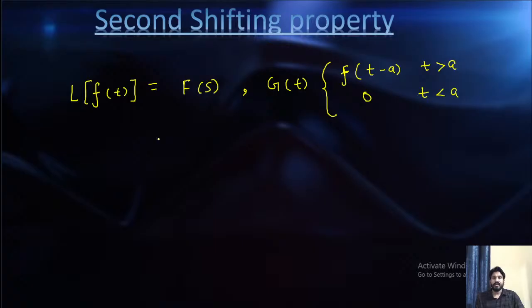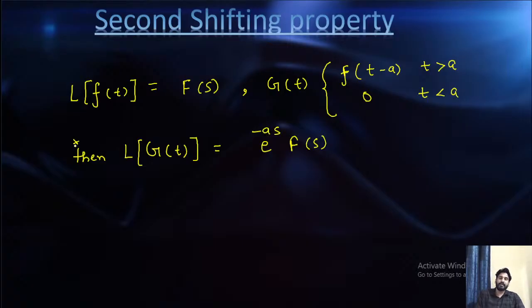Is it clear to you? Then, guys, what is the Laplace of the g of t? The Laplace of g of t is f of s multiplied by e raised to power minus as. This is my second shifting property. Is it clear to you or not?